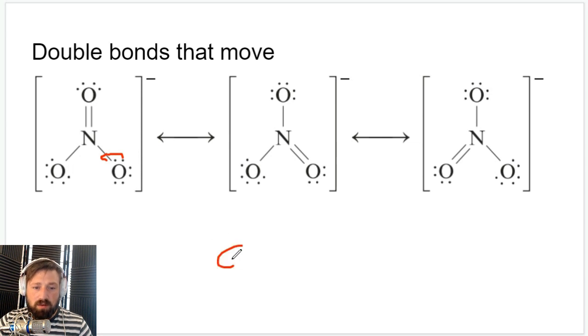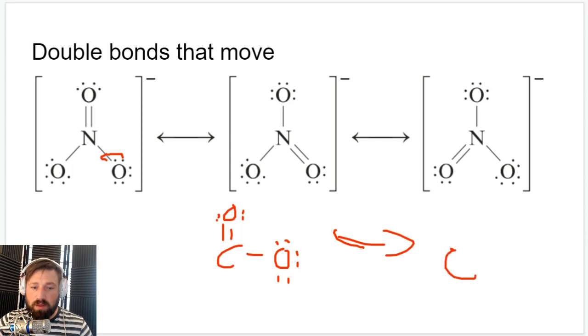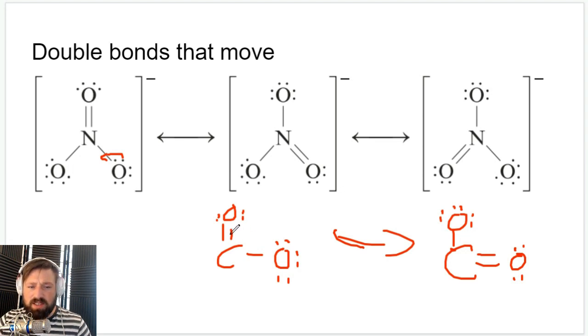Let's take, for example, this happens quite often, where you have this situation. Well, this is going to be in resonance with this structure. You can kind of think of it as this double bond is jumping around. Remember, the double bond isn't actually moving from here to here.